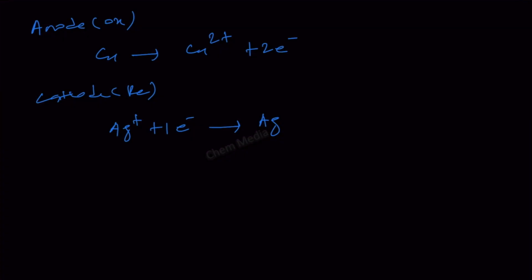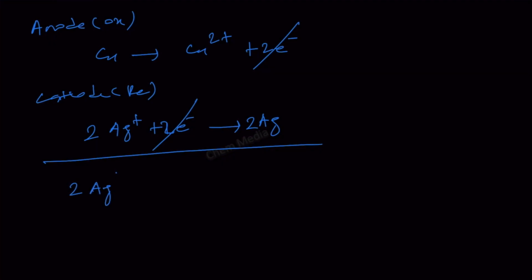To balance the equation, we have to multiply by 2 here. So, this is 2, this is 2 and this is also 2. Therefore, 2 electrons we can cancel. Therefore, 2 Ag plus Cu giving Cu2 plus 2 Ag.